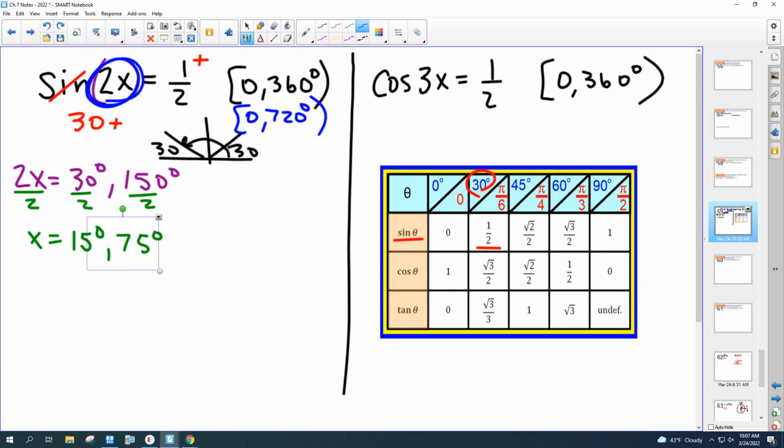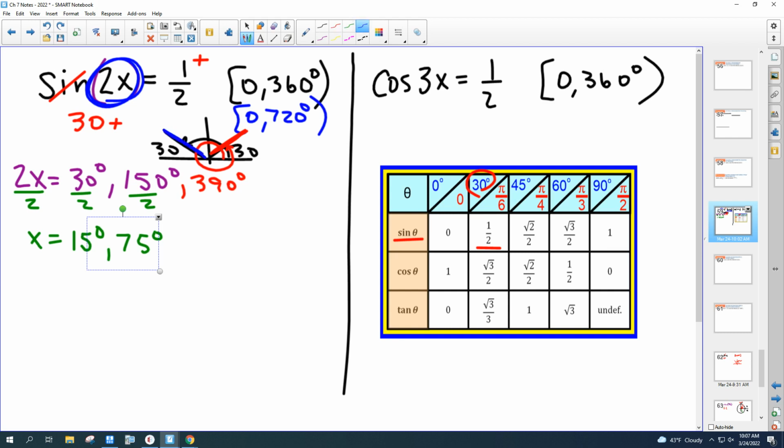When we had this 30-degree angle, we're going to go around again and get back to it. So we go all the way around plus 30. 360 plus 30 is 390. We would have an extra angle to look at.